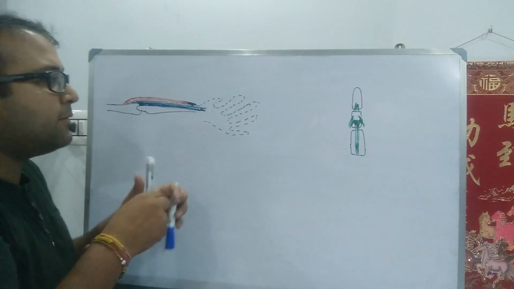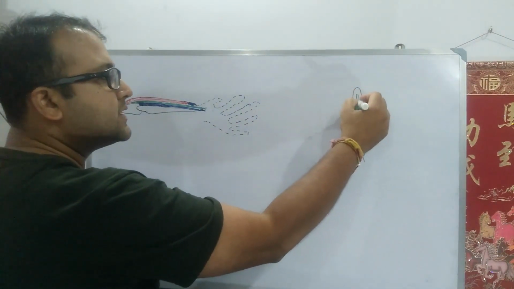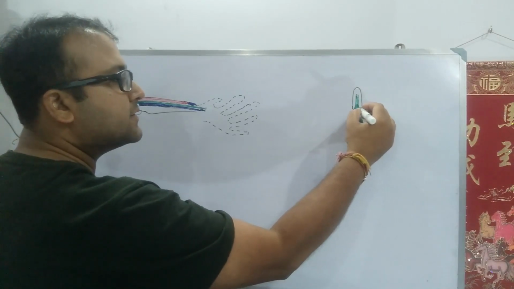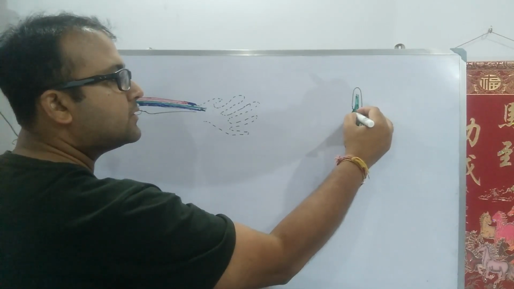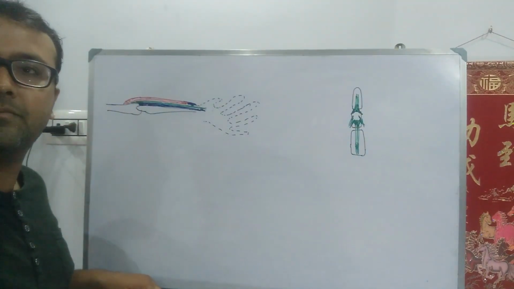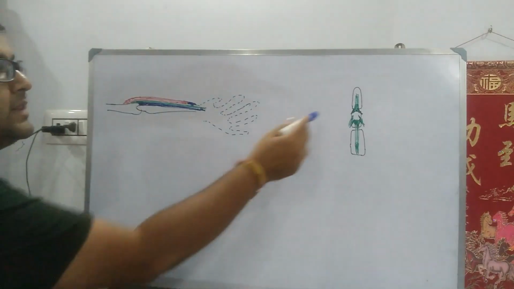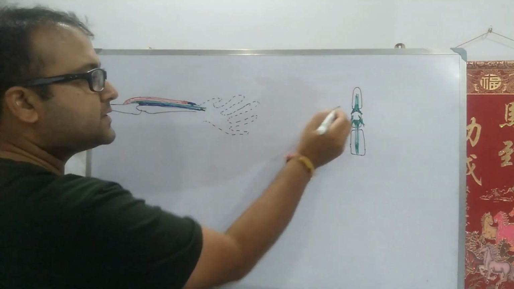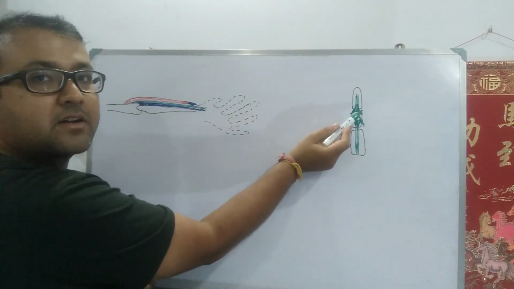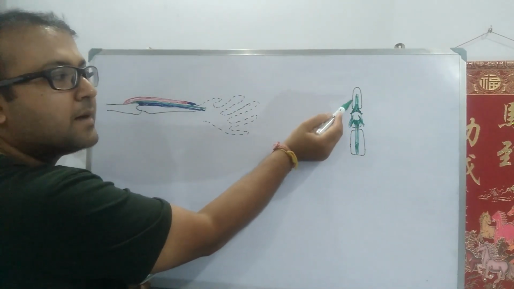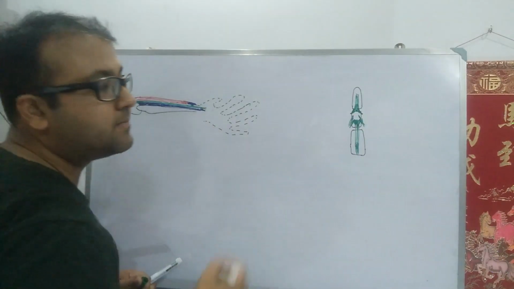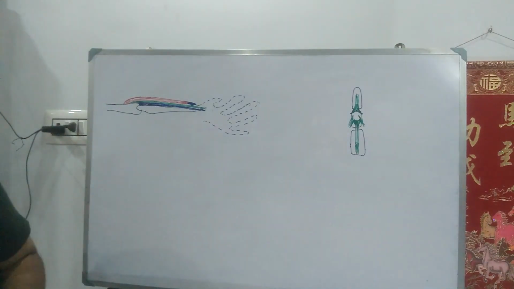If I draw this, you will see that this is the thing which is coming like this, and this is going on the other side. When this is spreading out, on this side, these two are called the lateral bands, the arms of the Y, this Y-like structure.